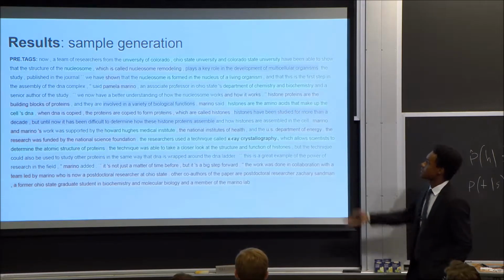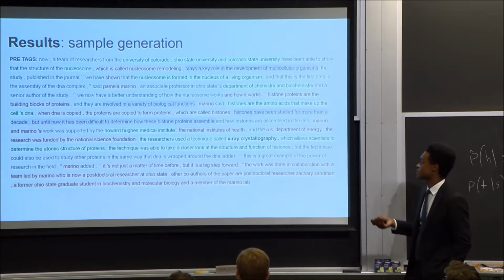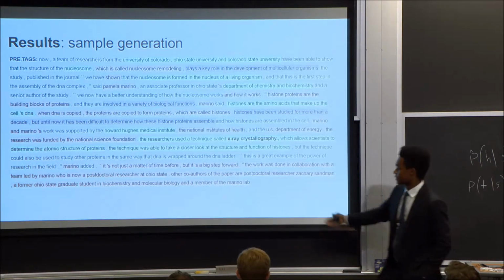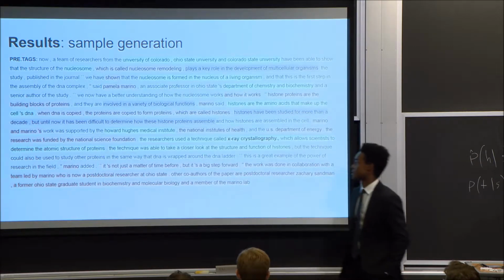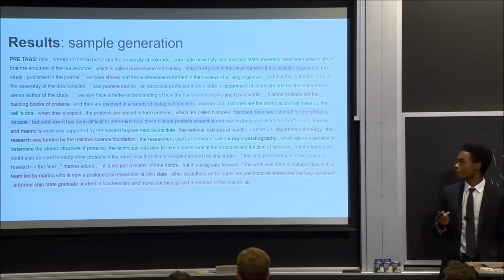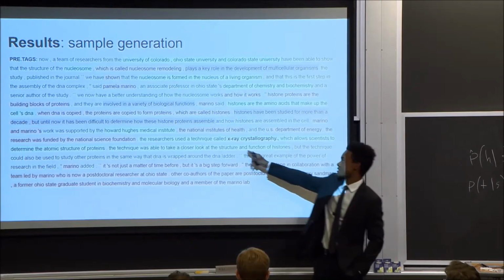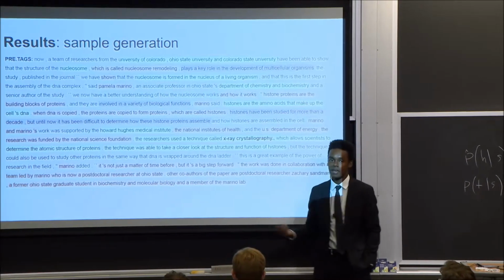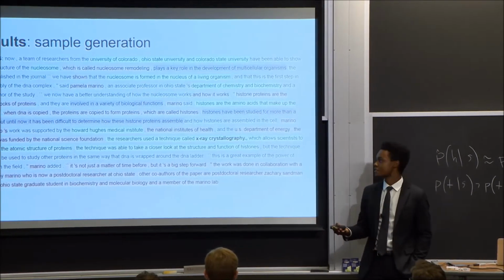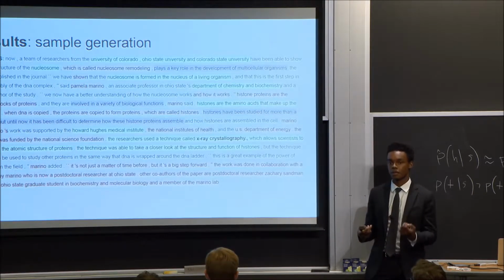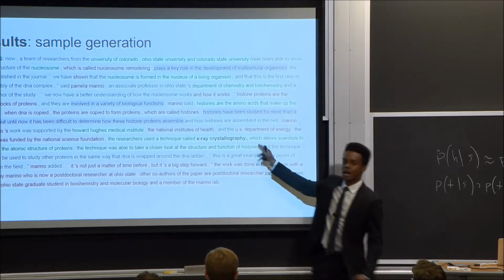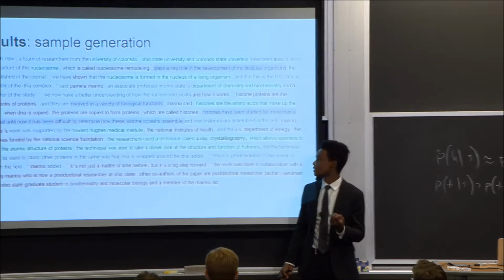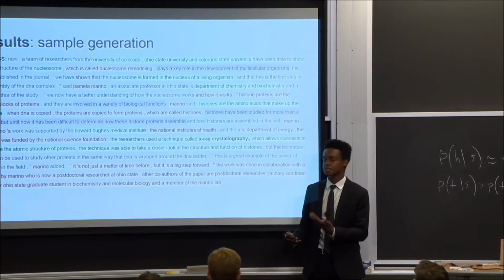And so as you can see, the model learns tons of correct phrases and conceptual ideas. However, there are some issues with accuracy and repetition. One thing that I do want to point out, though, is that the model gets this concept called X-ray crystallography. And so I'm not a bio person, but I think it's a method of visualizing DNA. And this method actually wasn't mentioned at all in the source, which is very interesting because that's all the model sees.